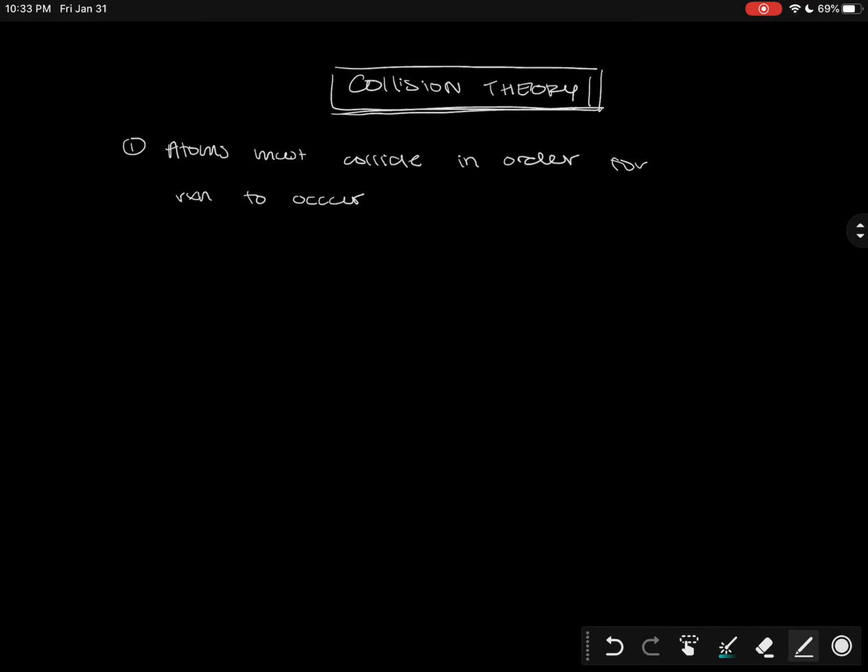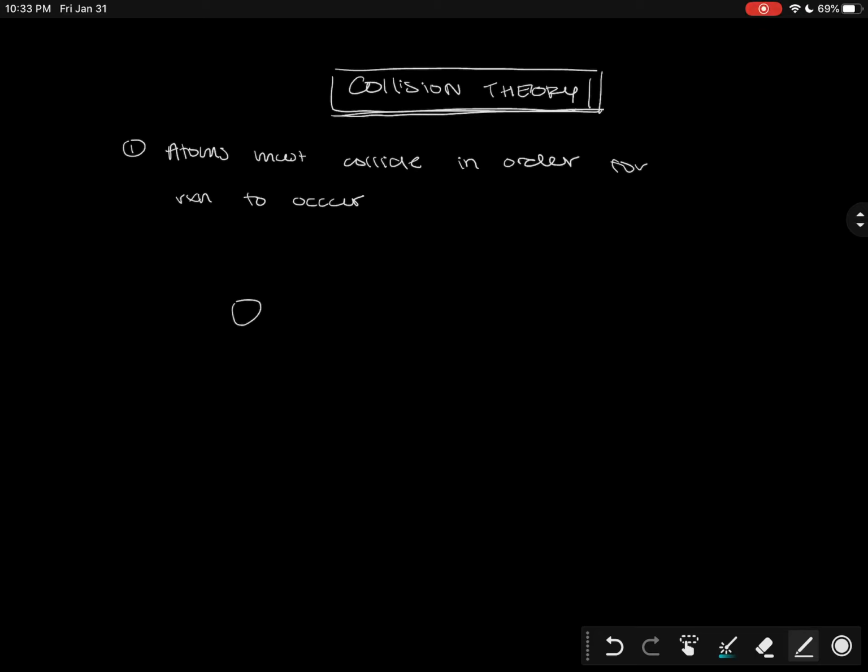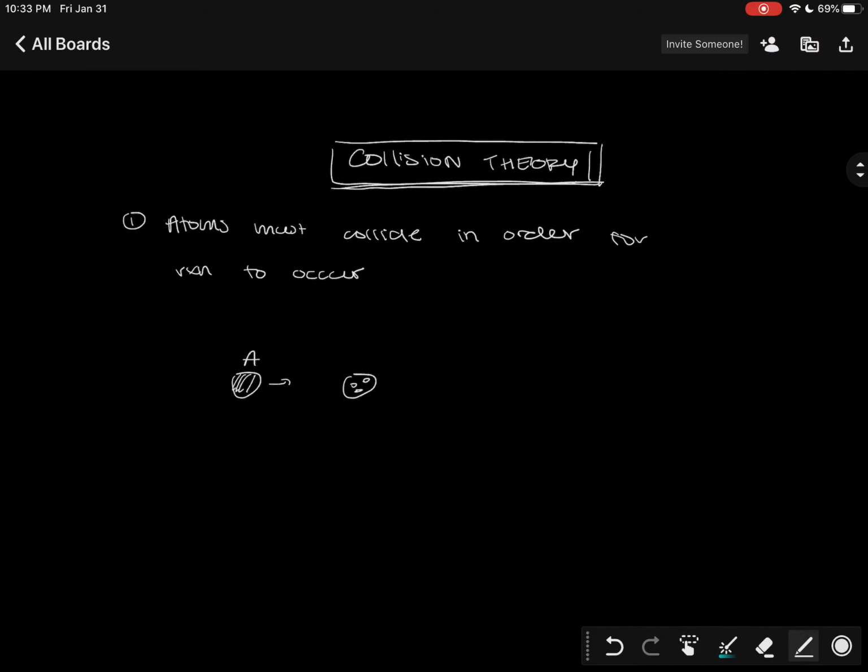And I mean, this makes sense. If we have molecule A and molecule B, we know that in order to make AB, our two molecules must collide.